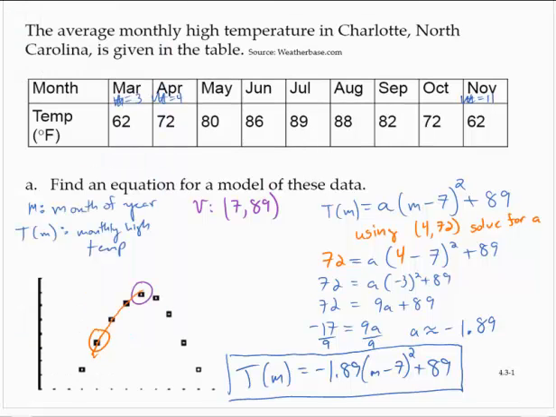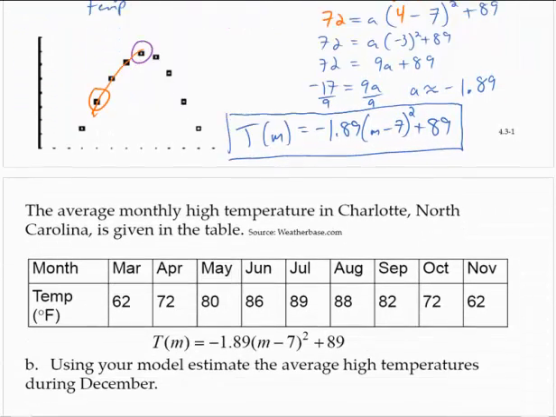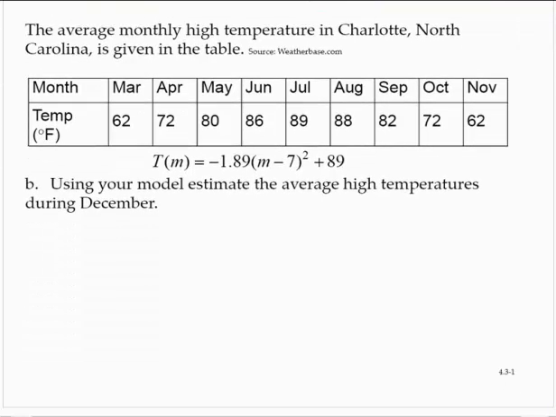All right, so now what are we asked to do? Using the model, estimate the average high temperature during December. All right, so December would mean M equals 12. So then T of 12 would be negative 1.89 times 12 minus 5 squared plus 89.